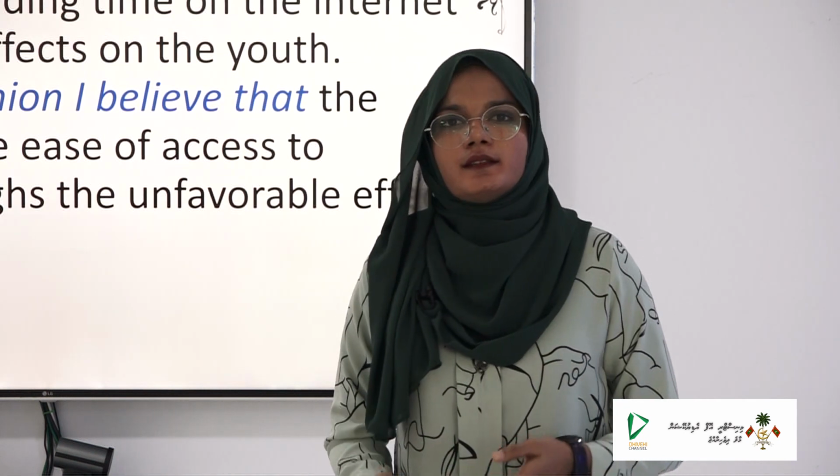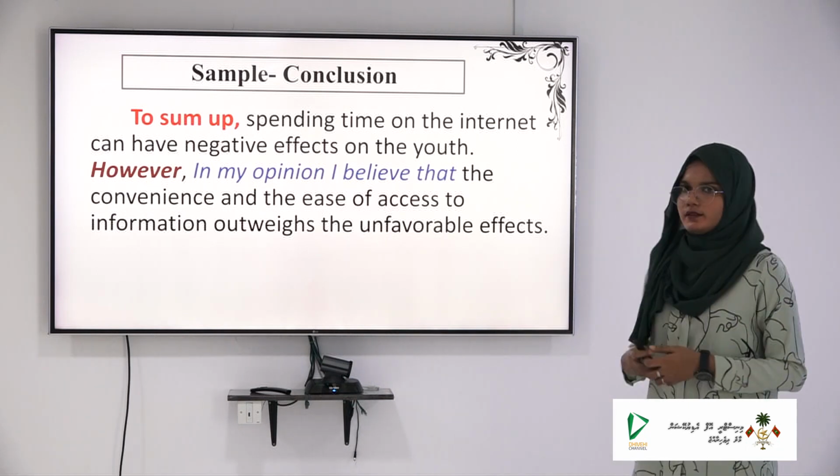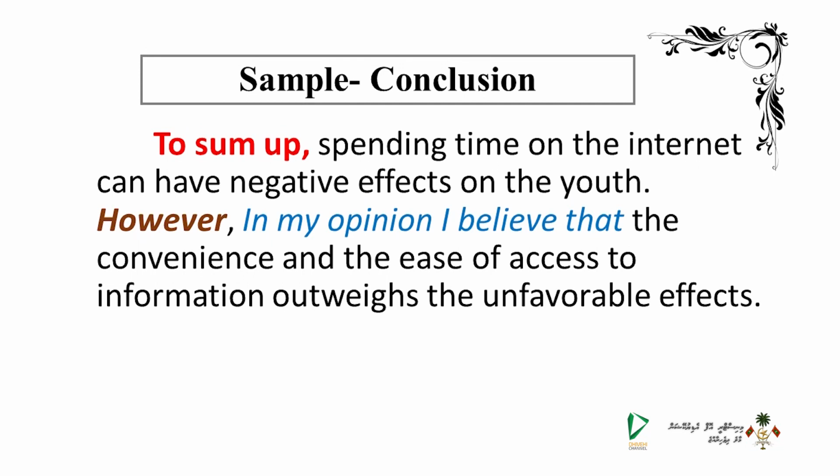Now, let's look at the sample conclusion. Can you identify all these phrases? There are quite a lot of phrases here. Can you identify them? Well, let's look at it. To sum up, spending time on the internet can have negative effects on the youth. However, in my opinion, I believe that the convenience and the ease of access to information outweighs the unfavorable effects.